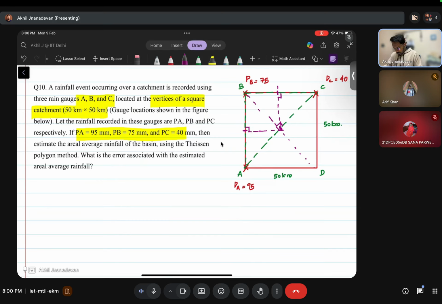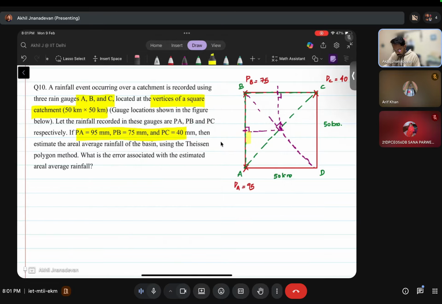Based on this, we can segment the areas. If you look, the area of each rain gauge will be enclosed by the perpendicular bisectors which we drew and the boundary of the catchment.